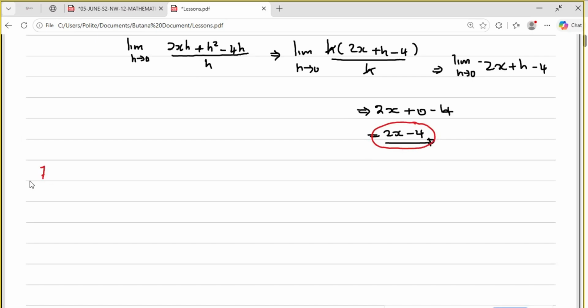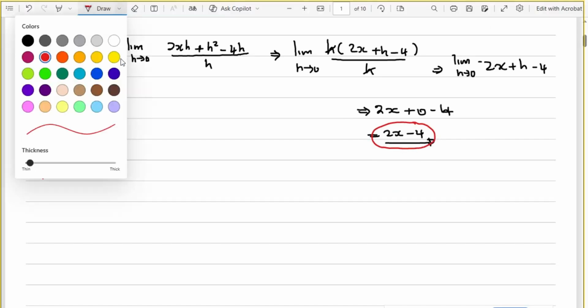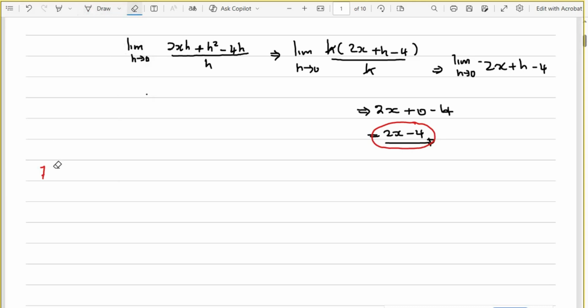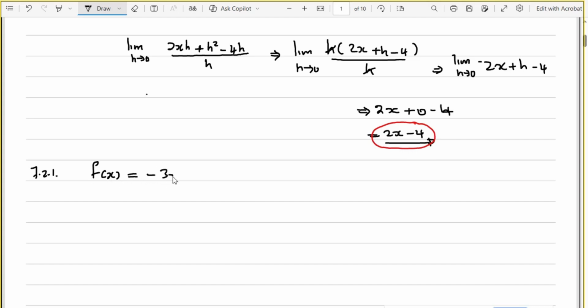So this is 7.2.1. We are looking for f prime at x, where f at x is equal to minus 3x to the power 4 plus 5x squared.